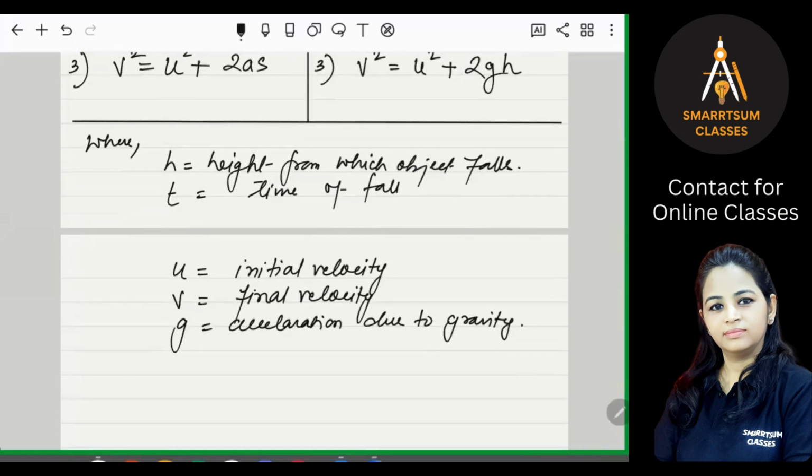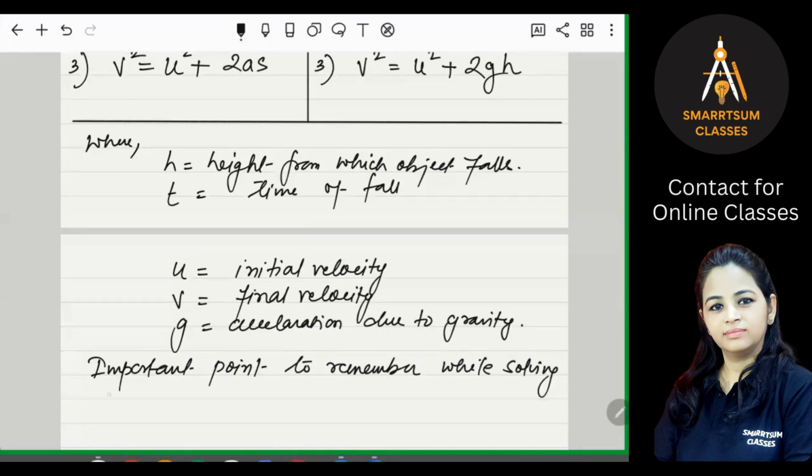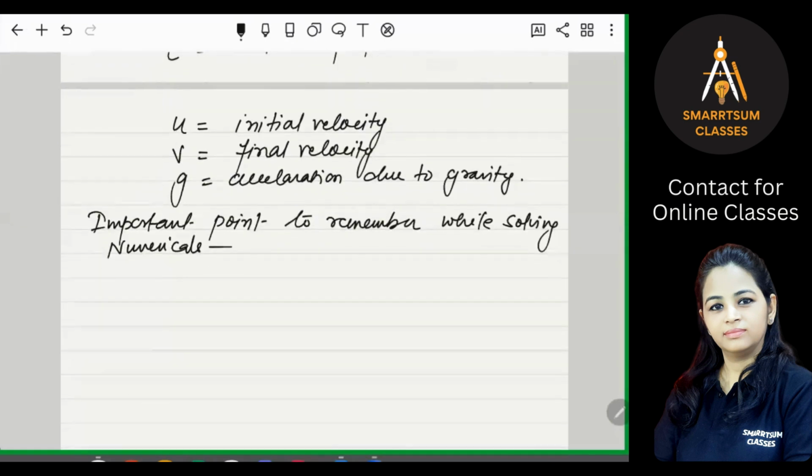Now, while solving numericals, we should remember some important points. If an object falls vertically downwards, then acceleration due to gravity is taken as positive.